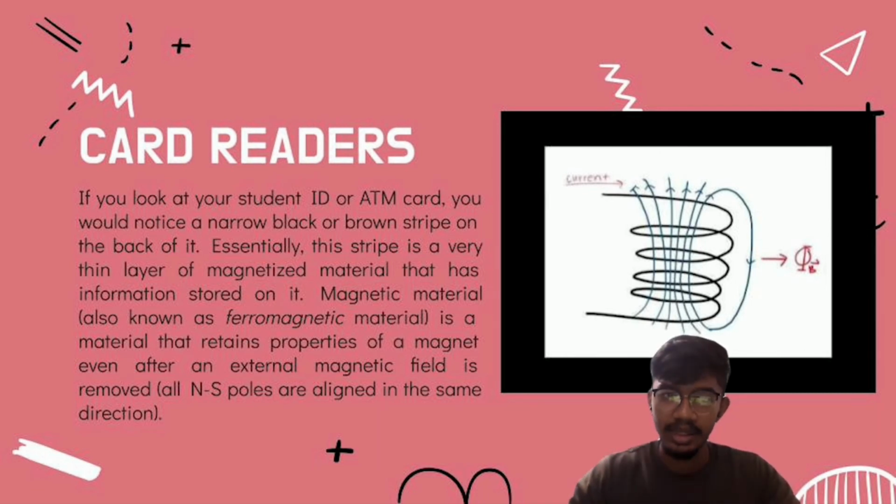This magnetic material, also known as ferromagnetic material, retains the properties of a magnet even after an external magnetic field is removed, where all the north and south poles are aligned in the same direction. We can watch a short explanation to learn more about card readers.